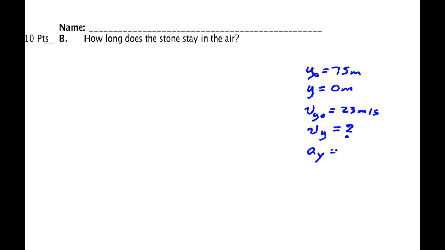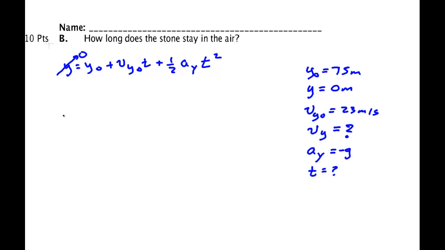The acceleration in y is minus g, and the time we don't know. We have y is equal to y naught plus vy naught t plus 1/2 ay t squared. That's the kinematic equation. We know that the final location is 0.